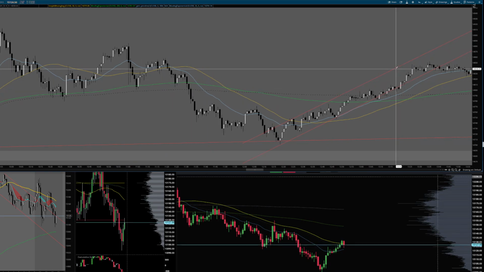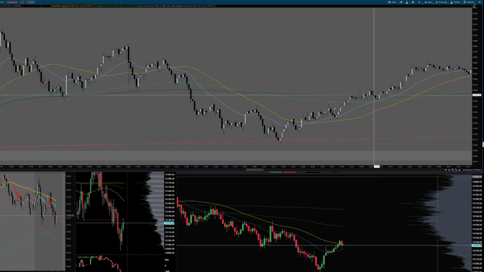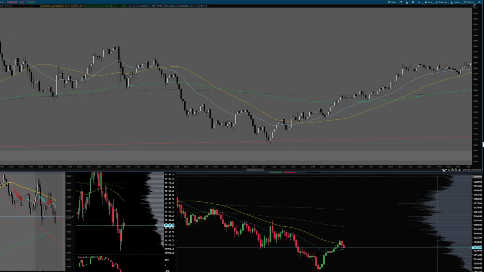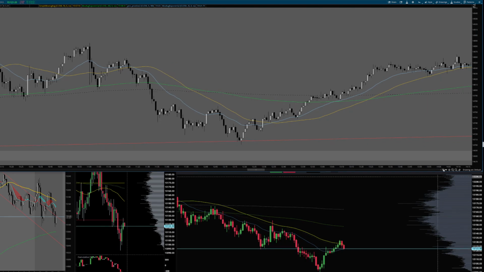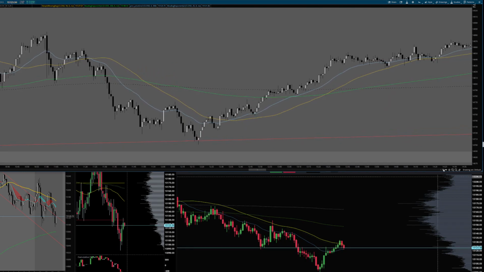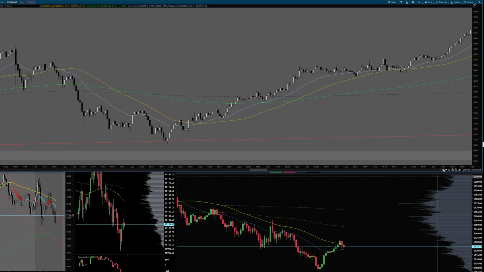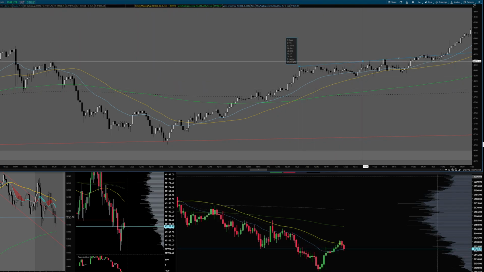Okay, so broke that channel there too. So this channel is finished, and now the price is going sideways a little bit, right? The 50 is still holding. Okay, and again, there was a channel here, like this way.